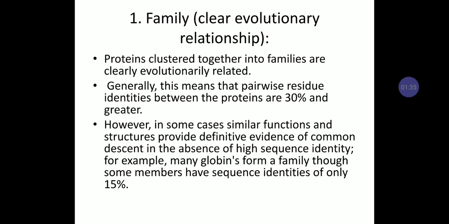Generally, this means that pairwise residue identity between the proteins is above or equal to 30%. In some cases, similar functions and structures provide definite evidence of common descent in the absence of high sequence identity. For example, many globin families form a family though the members have sequence identity of only 50%.